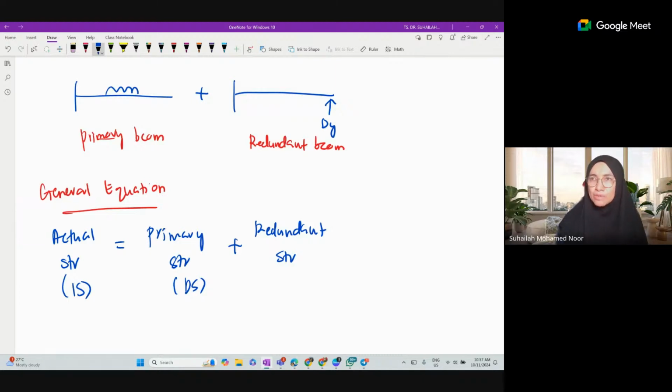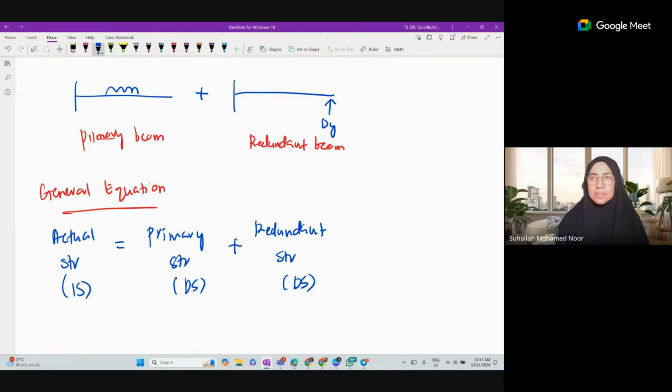If the primary structure is a cantilever beam, the redundant structure is also a cantilever beam. If the primary structure is a simply supported beam, the redundant structure is also a simply supported beam, same type. We have 2 determinate structures, same type of beam with different type of loading.